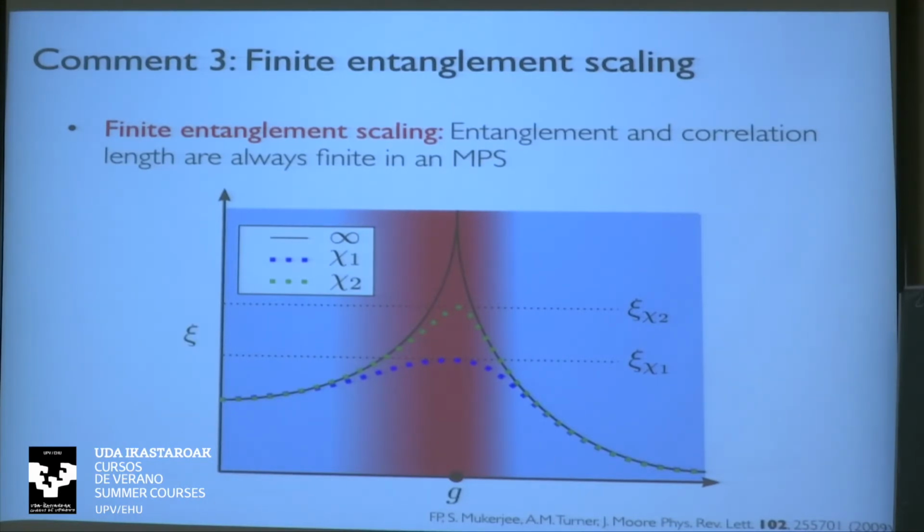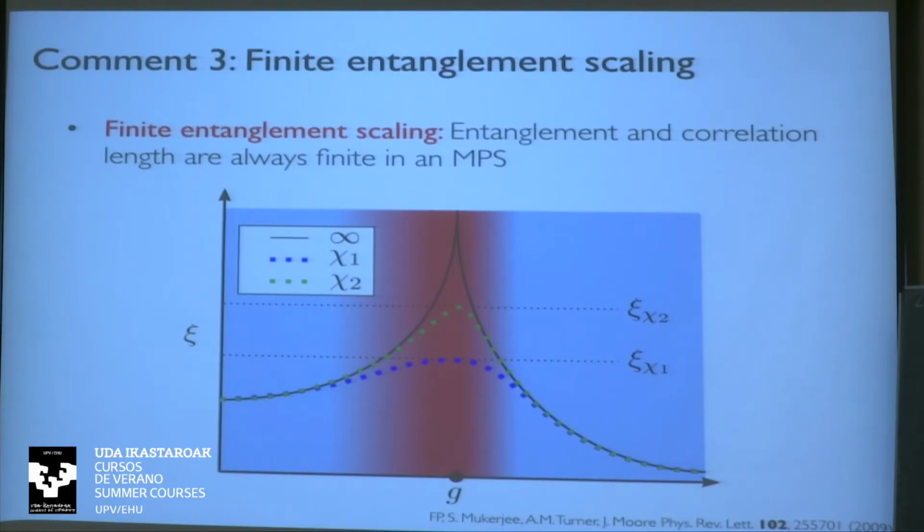This is now sketched here. If we plot the correlation length of the system as a function of the transverse field, at the critical point the correlation length will diverge, so we have an infinite correlation length. But let us now obtain the correlation length from these matrix product state algorithms.